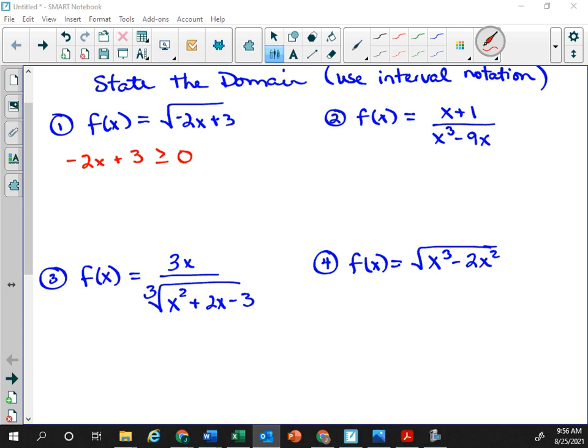Sorry. So then I guess you just have to set it up the same way. But instead of greater than or equal to 0, what would you be? Oh, greater. Wait. Just not equal to, right? Because you said you can't divide by 0, so you don't want that to equal 0. All right.